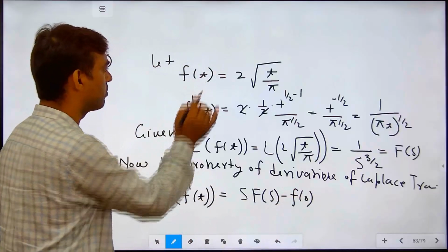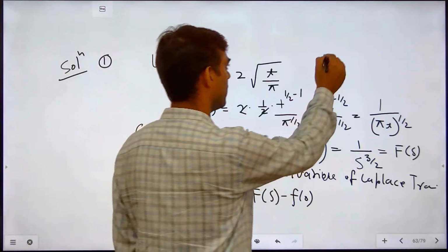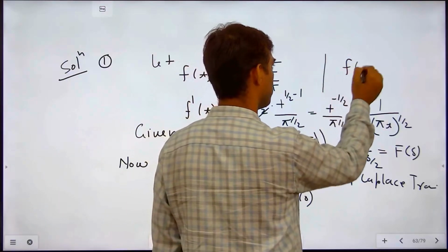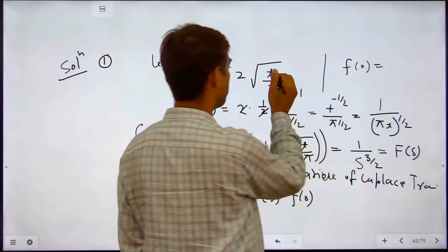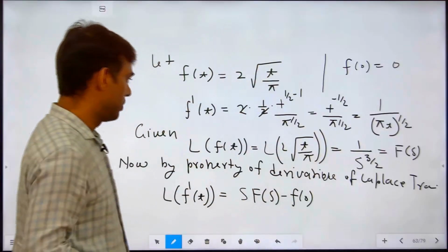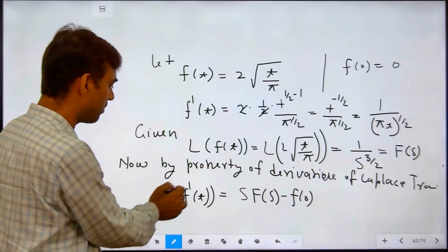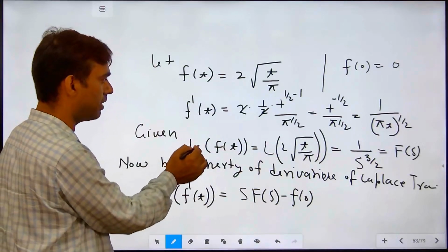So, if f(t) equals 2 under root t by pi, then what is the value of f(0)? If we calculate, putting t equal to 0, f(0) equals 0. So, here we put the value of F(s) and the value of f(0), then we are able to find the Laplace transform for f dash t, and f dash t is what?